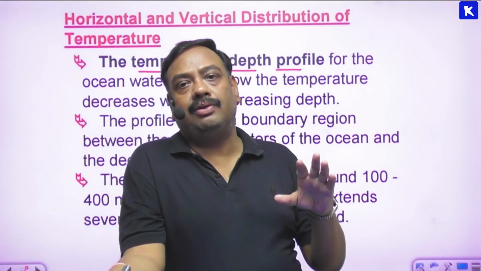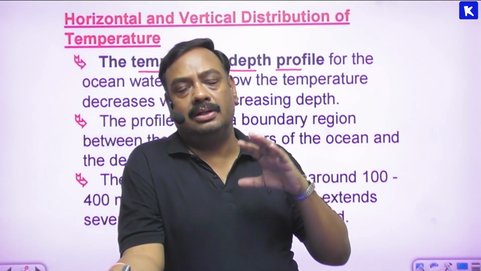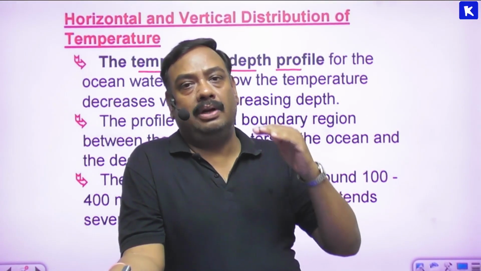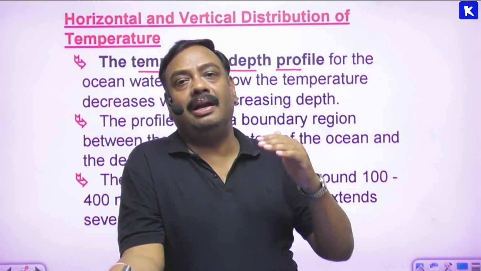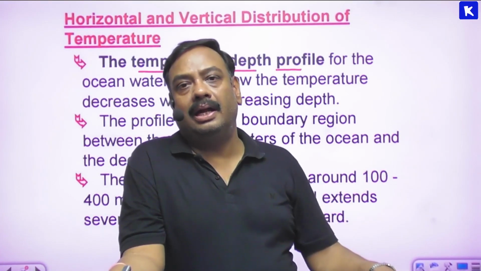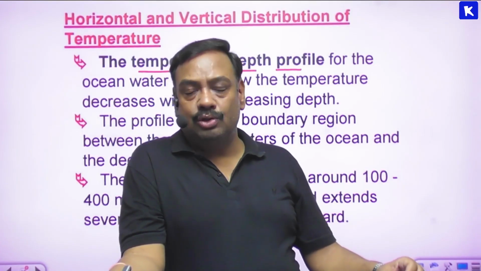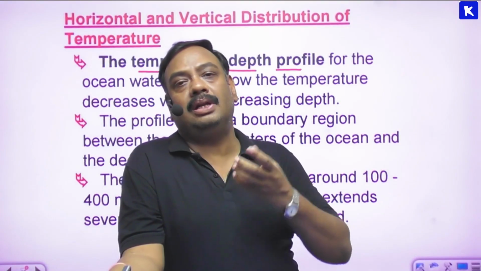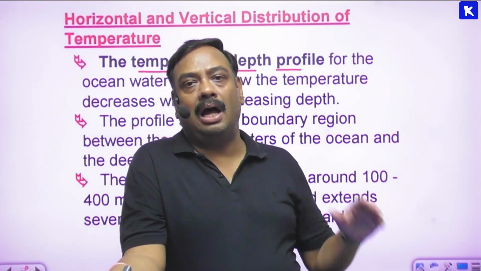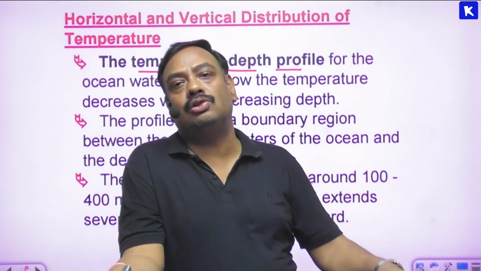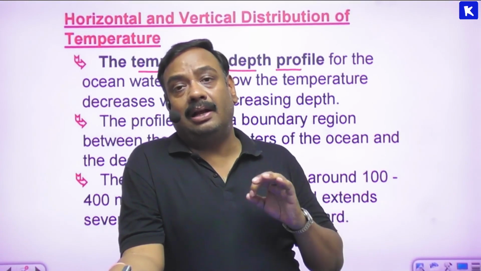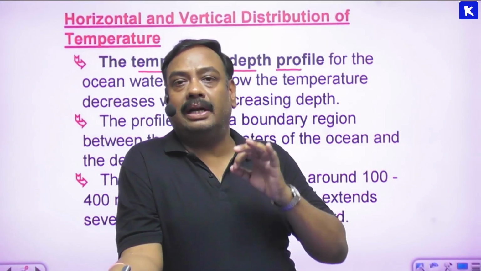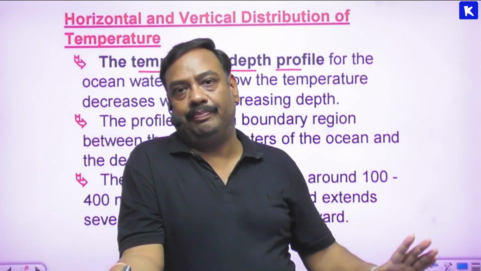In the lower latitudes, the maximum amount of insolation is received, and as we go from the equator towards the poles, the amount of incident radiation decreases. So the amount of heat energy also decreases towards the poles. That means when we go from the equator towards the poles, the temperature also decreases.